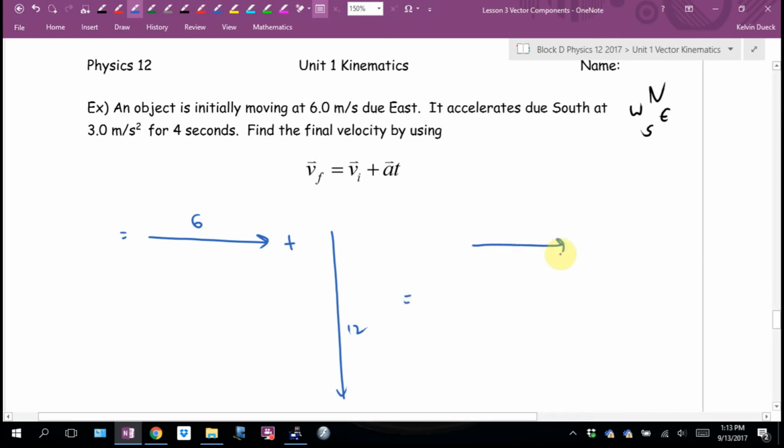It's going to be 6 over, 12 down, V final.